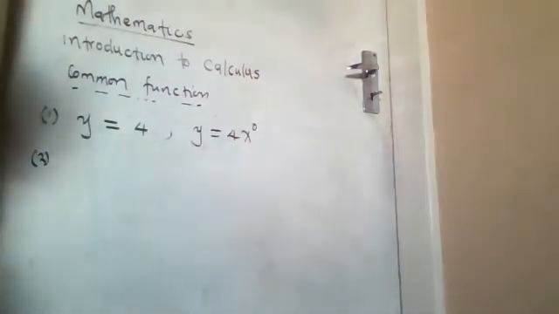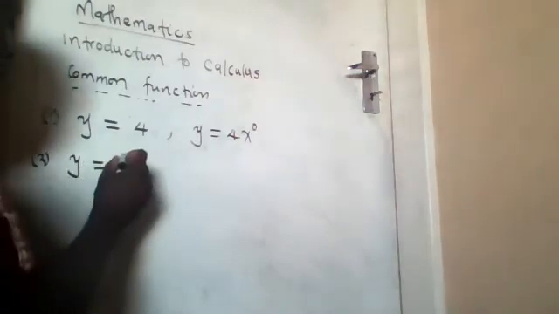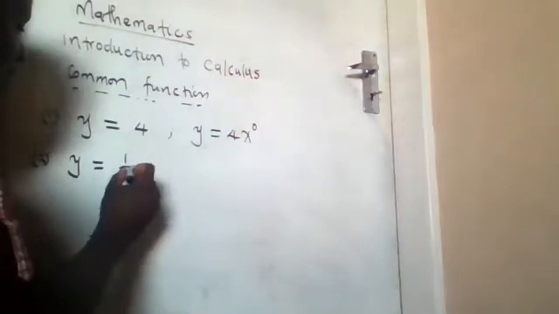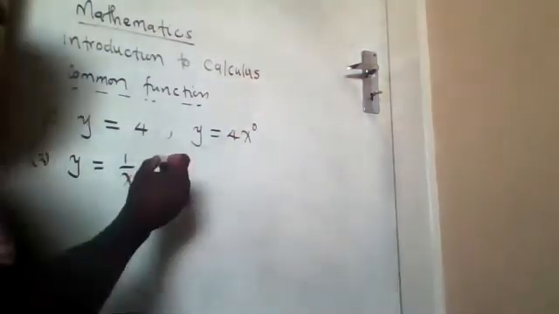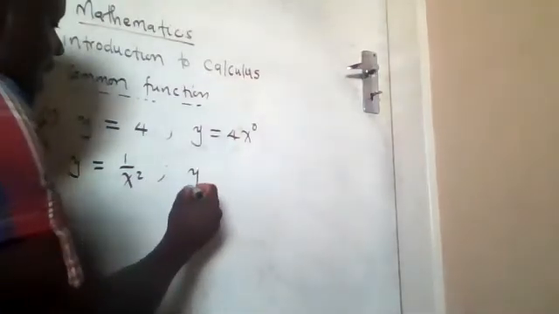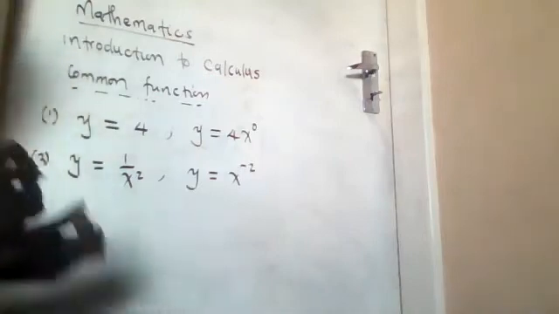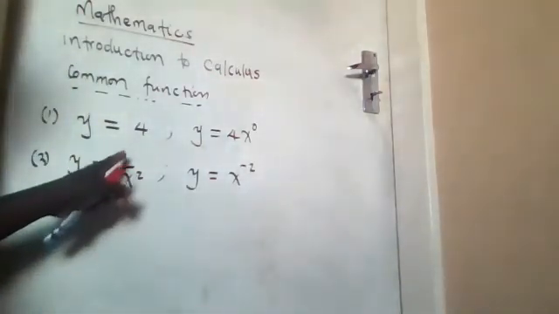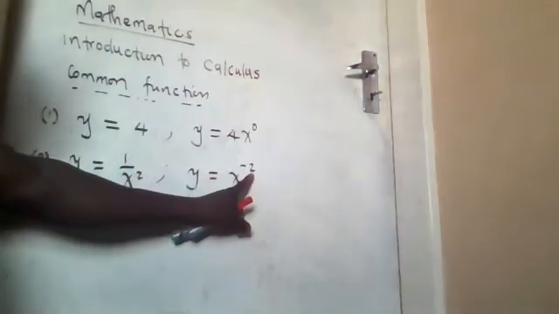Number two, according to the laws of indices, when you have y is equal to 1 over x raised to power 2, this can also be written as y is equal to x raised to power -2. It was written as 1 over x because the power was negative.